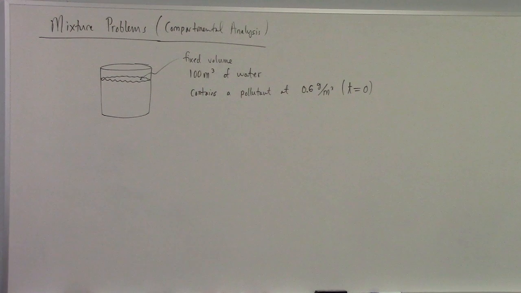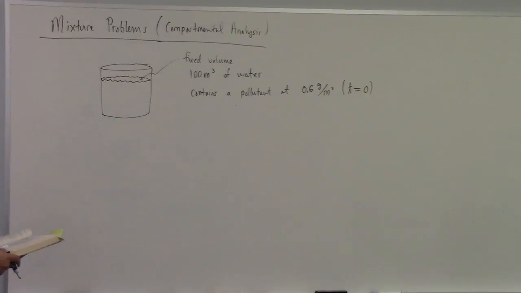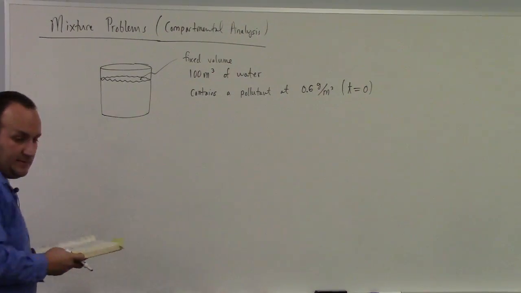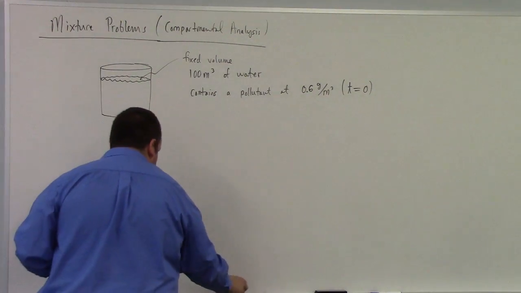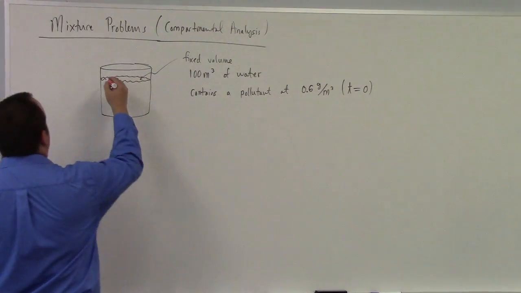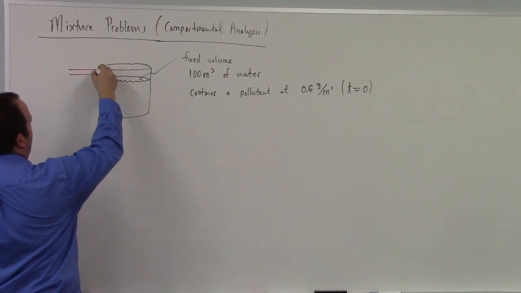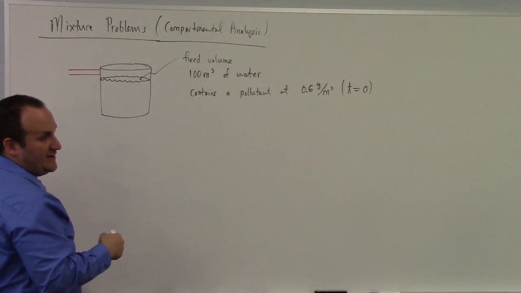And then it says cleaner water that only has a pollutant concentration of 0.15 grams per cubic meter is pumped into this well-mixed tank at a rate of 5 cubic meters per second. So let me draw a picture of that. Maybe the pollutant we're talking about is mud, all right? So it's got 0.6 grams of dirt per cubic meter.